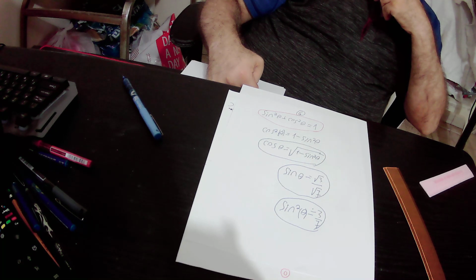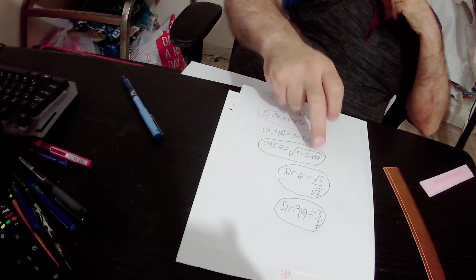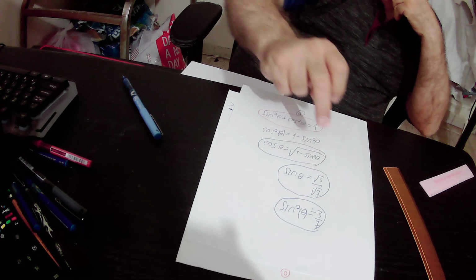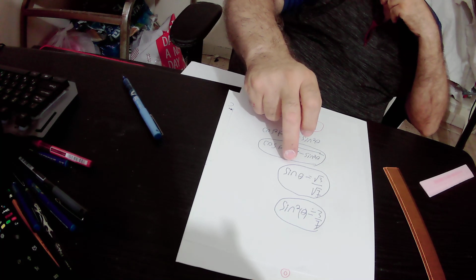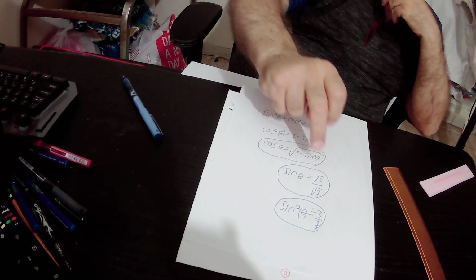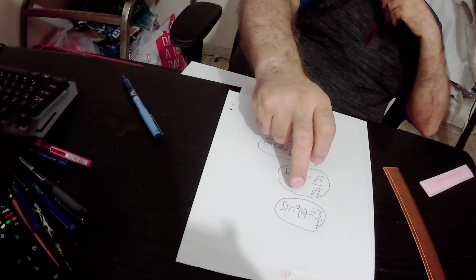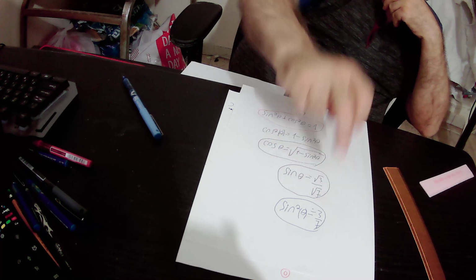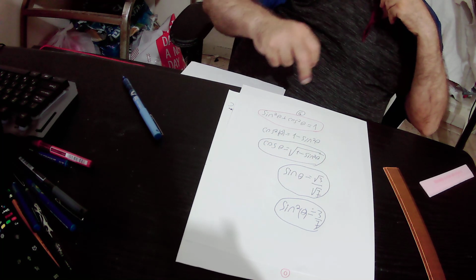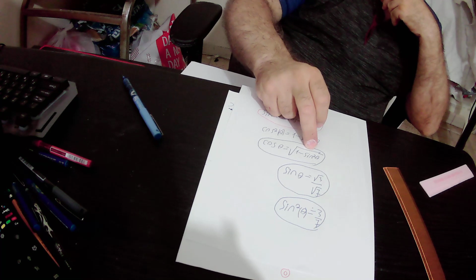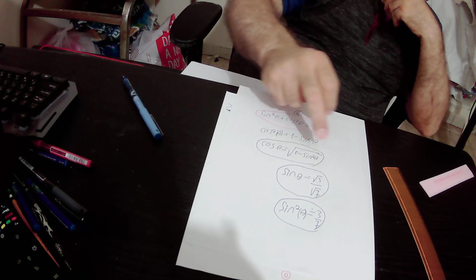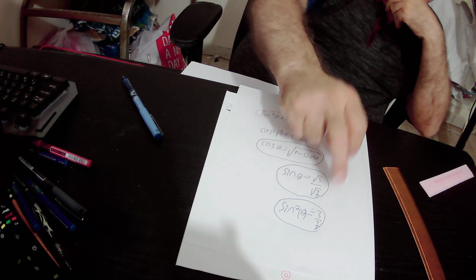And we know that the value of sin θ is root 3 over root 7, so if sin θ is root 3 over root 7, then sin θ squared will be equal to 3 over 7. So we can substitute sin θ squared by 3 over 7.